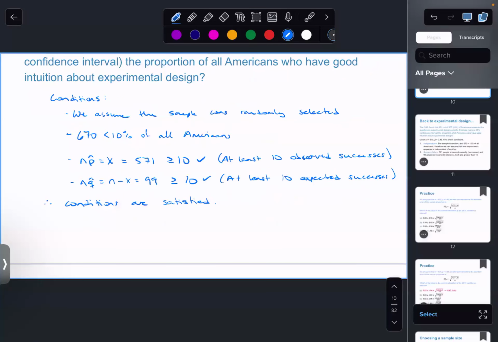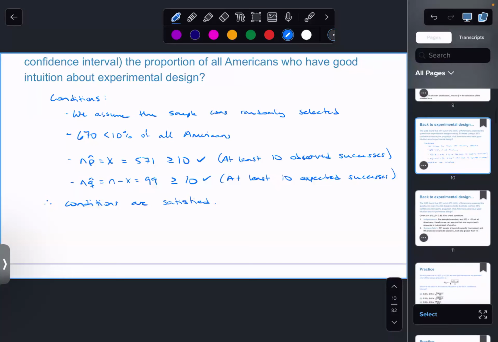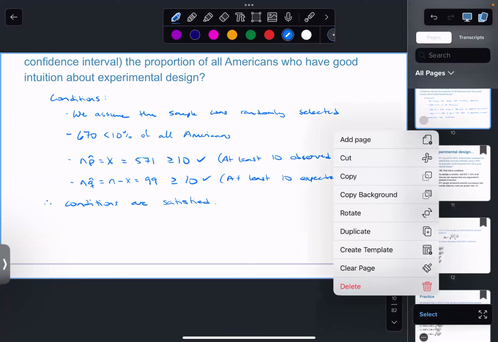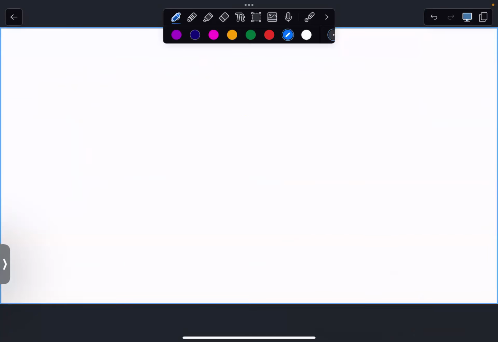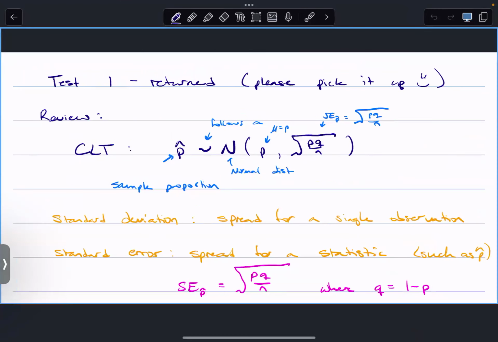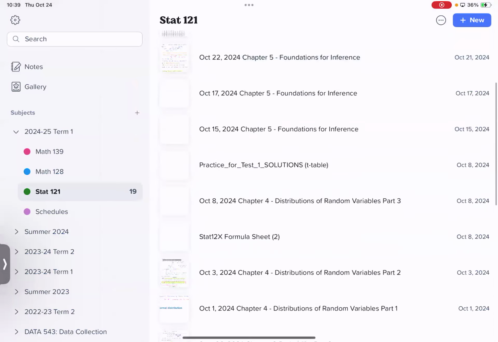I'm sure it has everything that we're about to do on the next couple of slides, but I want to do it together for practice. On your formula sheet, let's see if it's loaded yet, because that might be nice. Oh, maybe not.